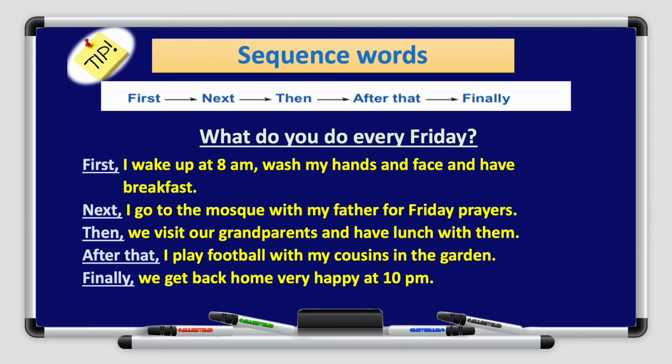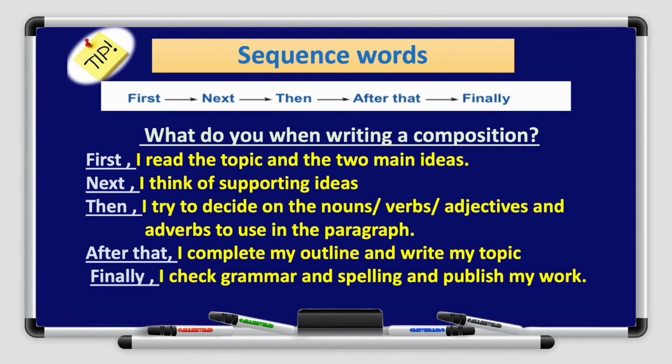Notice with me that I started each sentence with one of the sequence words, and all of them are followed by commas. One more example for you. What do you do when writing a composition? Here we are talking about steps of doing something. We will start each sentence with one of the sequence words followed by a comma. Let's start.